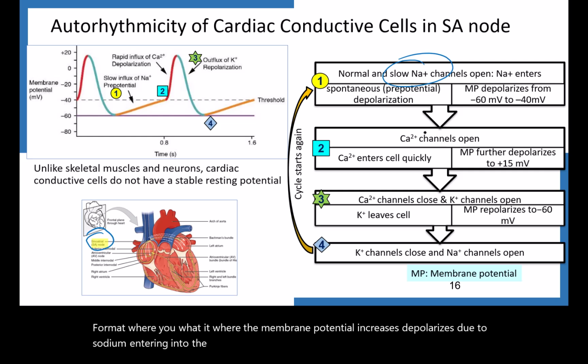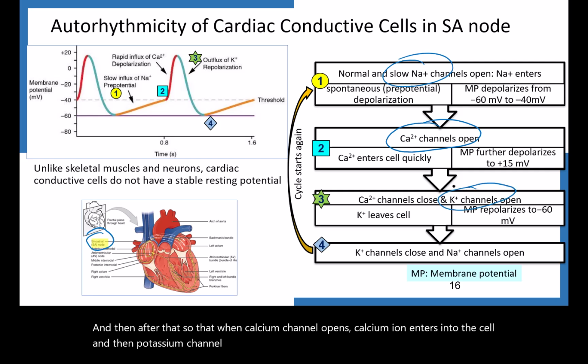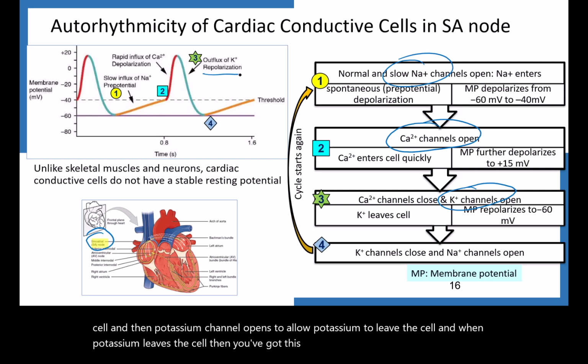Then at some point, the calcium channel opens, calcium ion enters into the cell, and then the potassium channel opens to allow potassium to leave the cell. And when potassium leaves the cell, you've got repolarization happening where membrane potential drops.